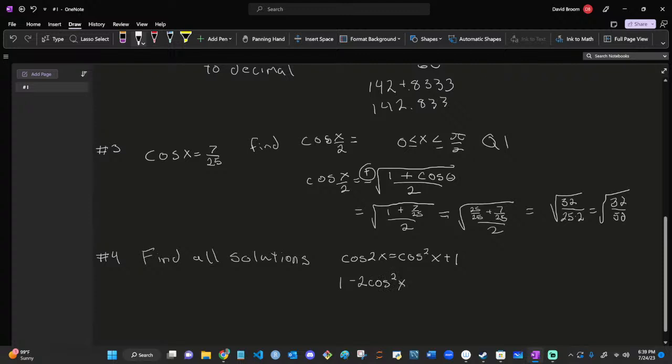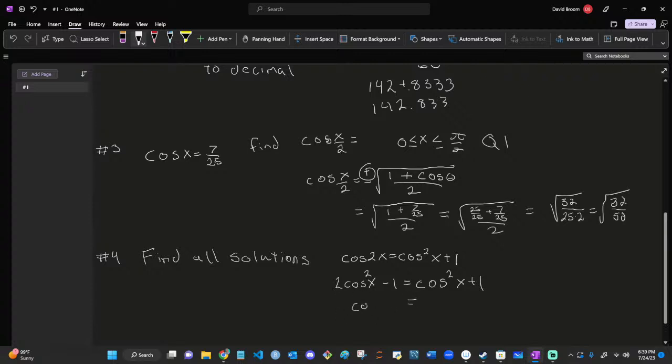I think I did that right. Let me see. Other way. Yeah, that's for sine. Hold on. It's 2 cosine squared x minus 1. And now that equals cosine squared x plus 1. You would subtract your cosine squared and add your 1.